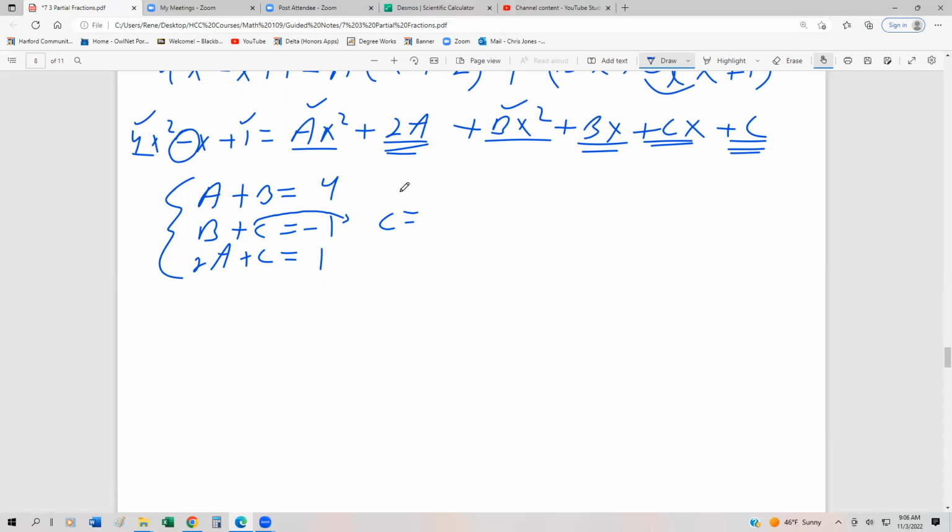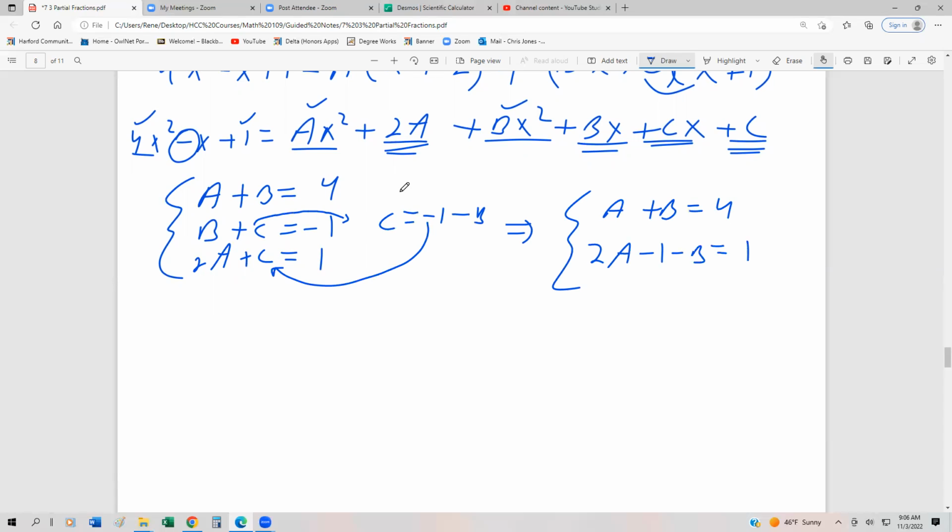I don't know if there's a better way to do this. So that's going to be negative 1 minus B. And I'm going to plug that back in right here. Now the first equation, A plus B equals 4, stays. The second equation is 2A minus 1 minus B equals 1.